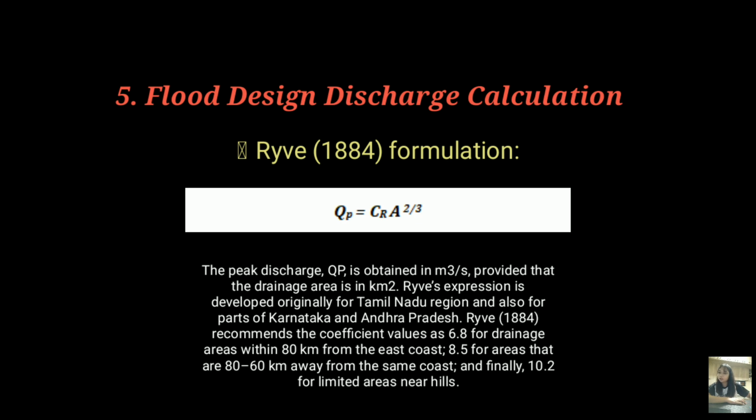Ryve recommends the coefficient values as 6.8 for drainage areas within 80 km from the east coast, 8.5 for areas that are 80 to 160 kilometers away from the same coast, and finally 10.2 for limited areas near hills.